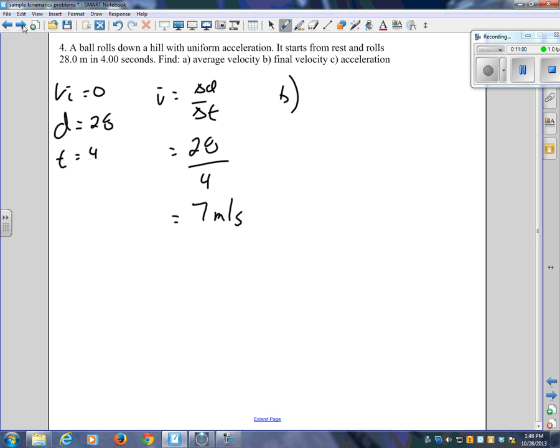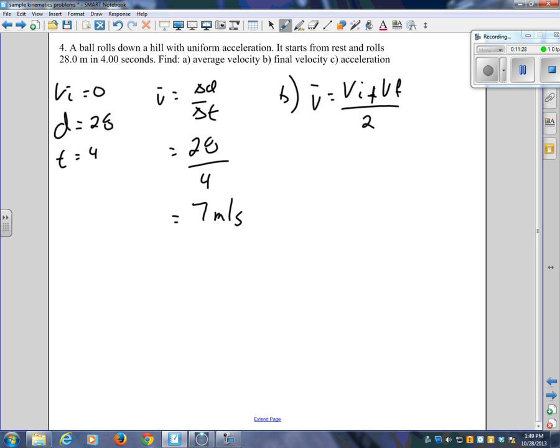Why is that? Let's look at the formula. When you find the average of two things, how do you do it? Thing 1 plus thing 2 and divide by 2. So, in other words, V bar is the initial plus the final divided by 2? Is the average velocity equal to the initial velocity plus the final velocity divided by 2?